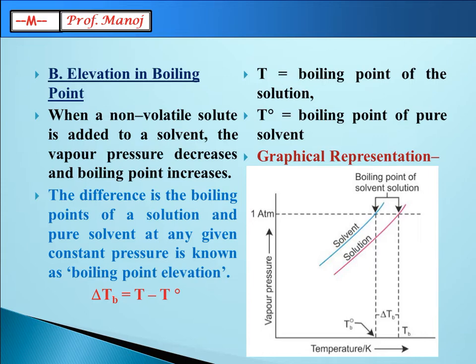Now imagine you make a solution. There is a purple graph there. And this solution will have lower vapor pressure. That is why the line is below the solvent line, but it runs parallel. It goes, and when it reaches 1 atmosphere, the value is T, the boiling point of the solution. The difference of the two values is going to be the elevation in boiling point.